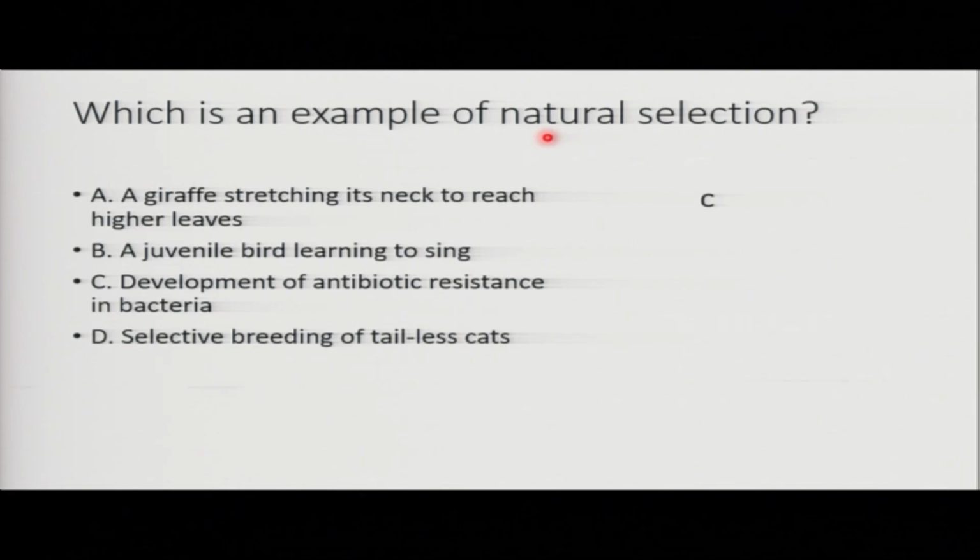Now new strains surfacing out of reproduction and mixing up. Then that means that C really makes more sense, because B would be acquisition. Stretching its neck for higher leaves. Is that an acquired feature or heritable feature? That's what you are now looking at.